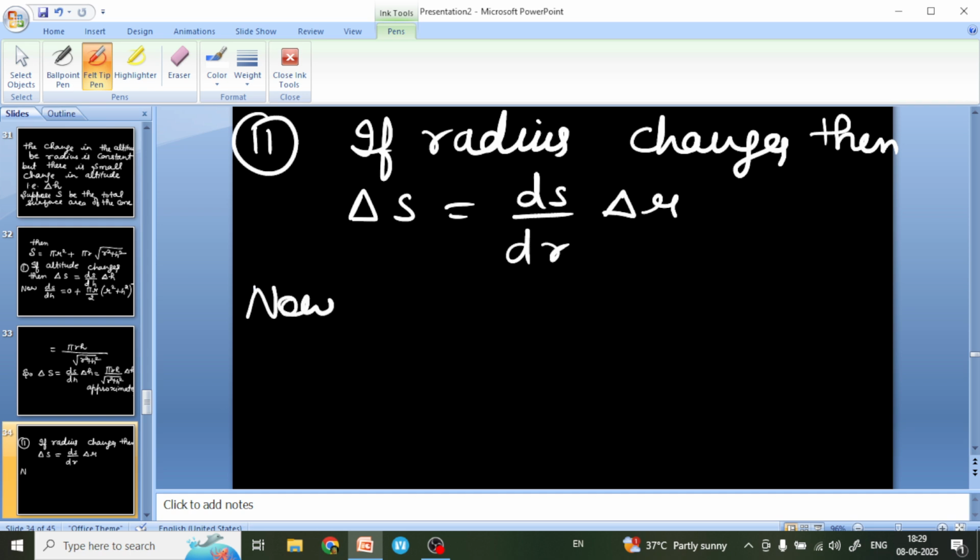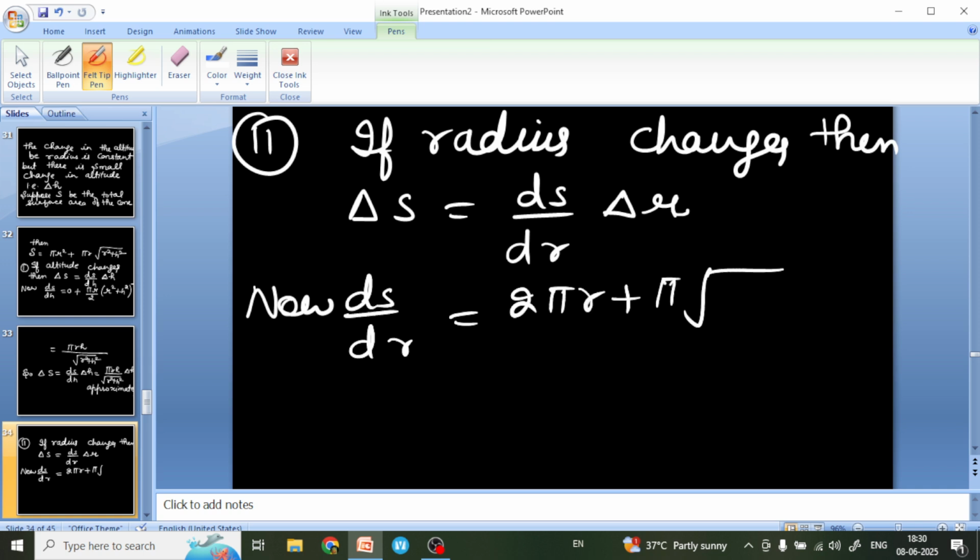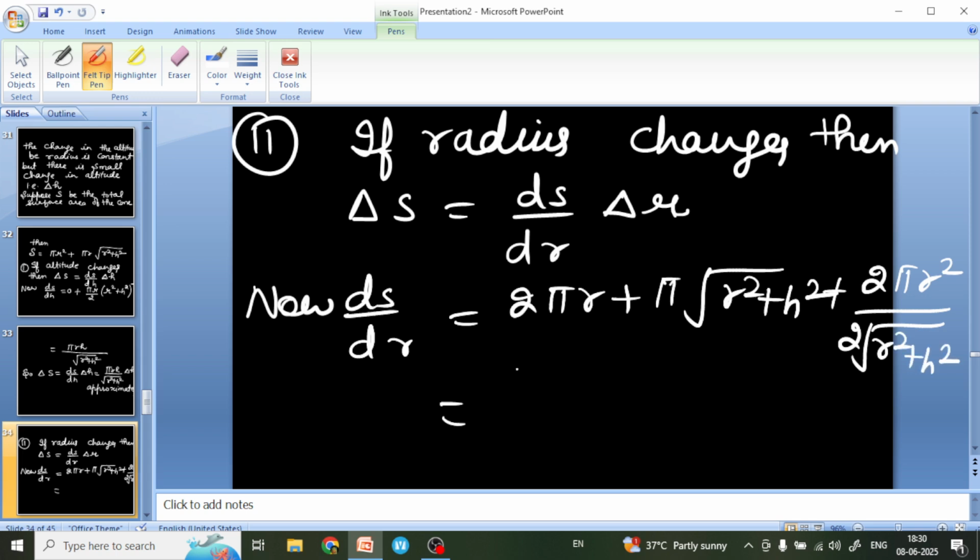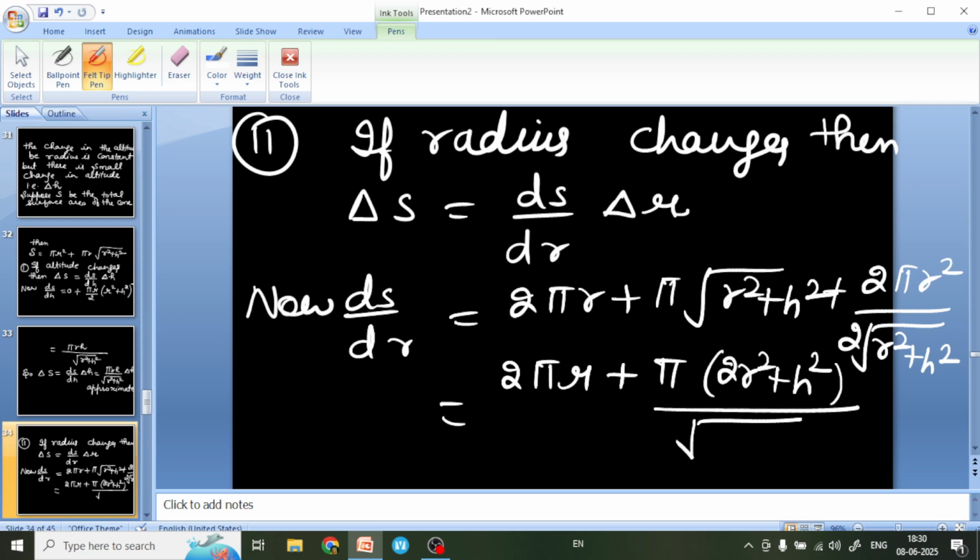Now dS over dr is equal to 2 pi r plus pi square root of r square plus h square plus pi r into 2r over 2 square root of r square plus h square, and that is equal to 2 pi r plus pi into 2 r square plus h square over square root of r square plus h square.